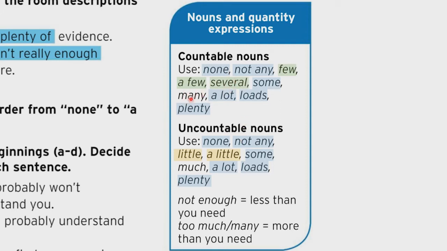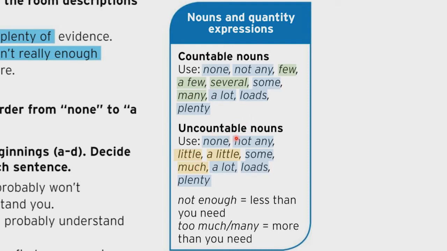Then also for countable, we have the word many. But with uncountables, instead of many, we say much. Alright? So as you can see, the expressions highlighted in blue are the ones that we can use for countable and uncountable. The expressions highlighted in green are the ones we can only use for countable, and the expressions highlighted in yellow are the ones that we can only use for uncountable.